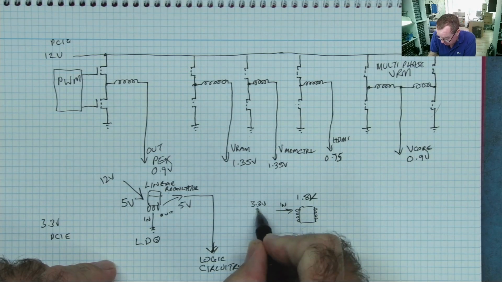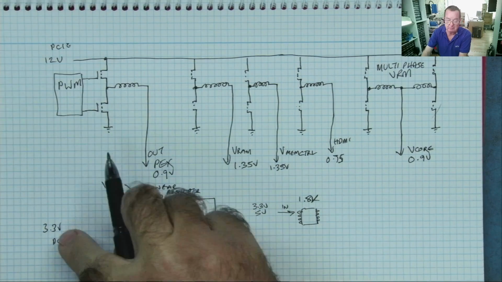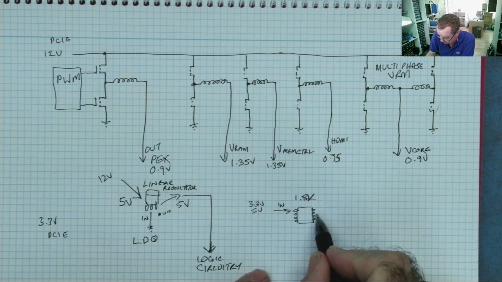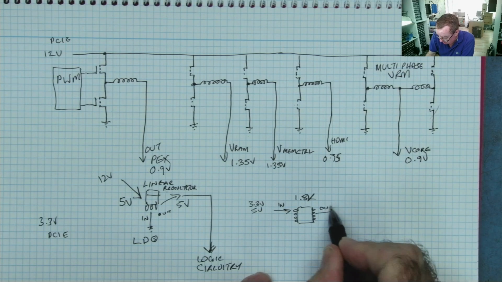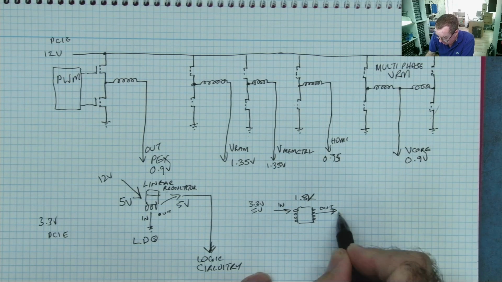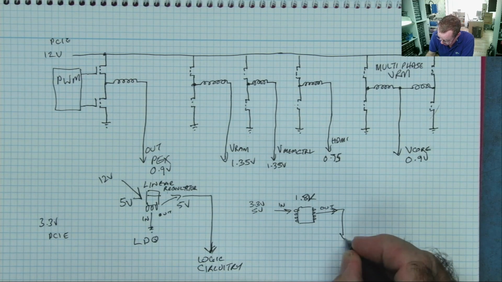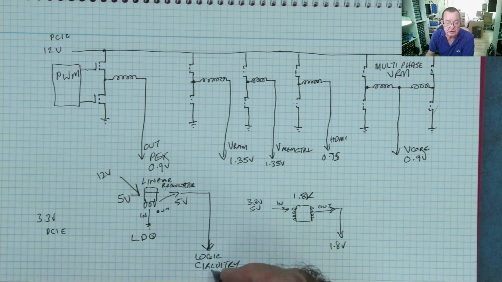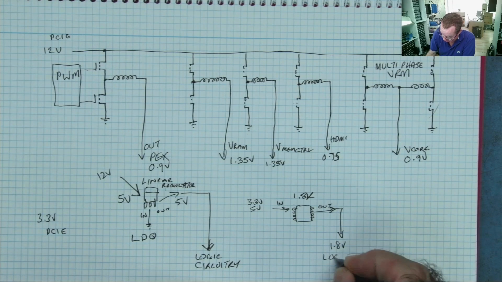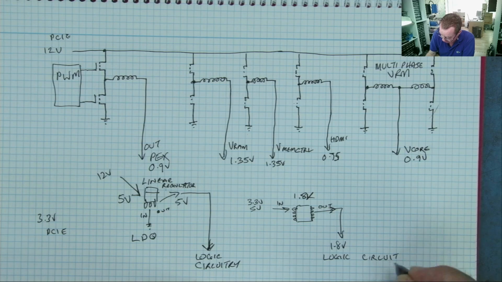It can be running from either of these, and out is the 1.8, which goes again to the logic circuitry and also into, quite often, the BIOS chip.